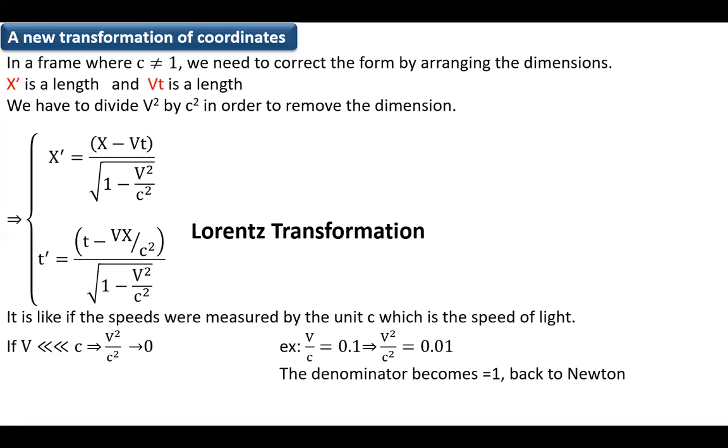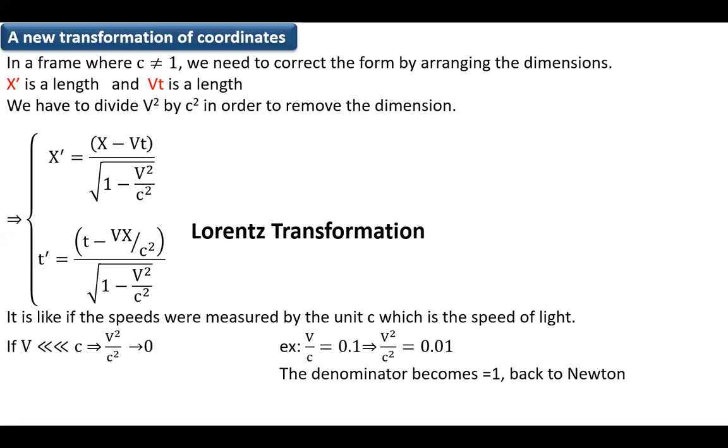I think you saw this form last year in the course of modern physics. In this course, in most of the cases we will use a frame where c is equal to 1. So we will need the form with the radical of 1 minus v squared. We will not use the v squared over c squared.